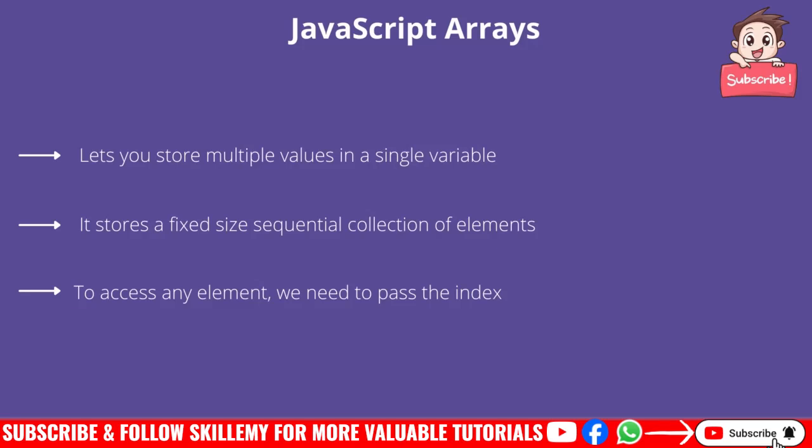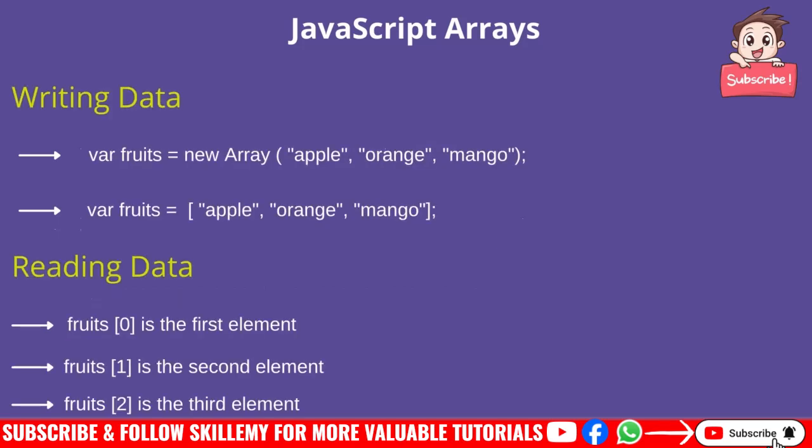For example, if I have defined an array of size 5, then the lower index will start with 0, then 1, 2, 3 and 4. So whenever I want to retrieve or assign a value, I have to pass the index like that.